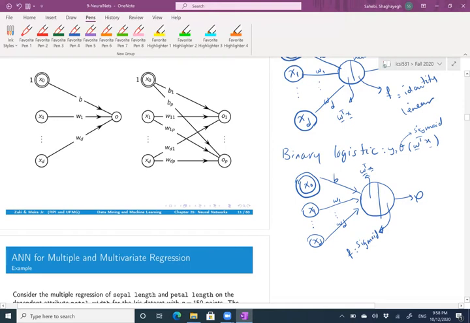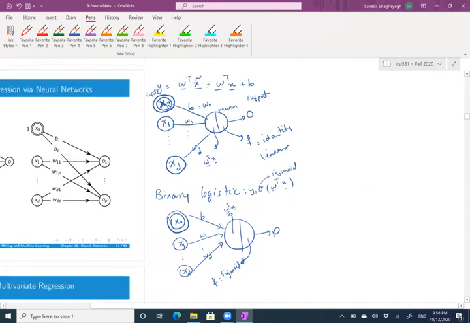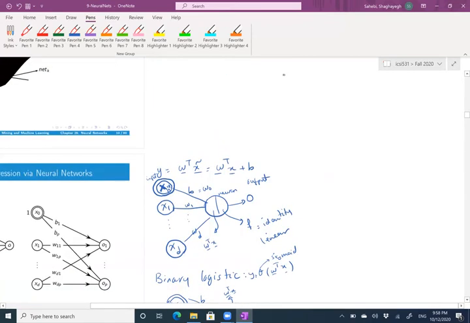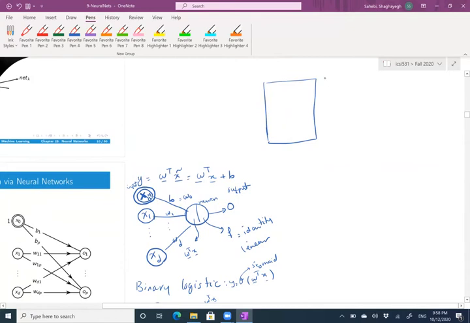So let's see an example. For example, if we are looking at houses and our data looks like this. Let's talk about regression first, and then we are going to talk about logistic regression.